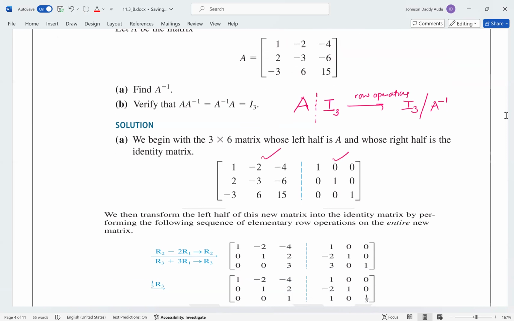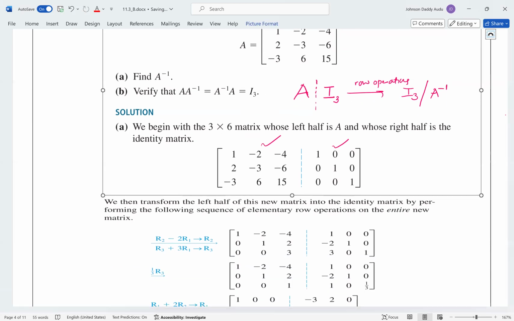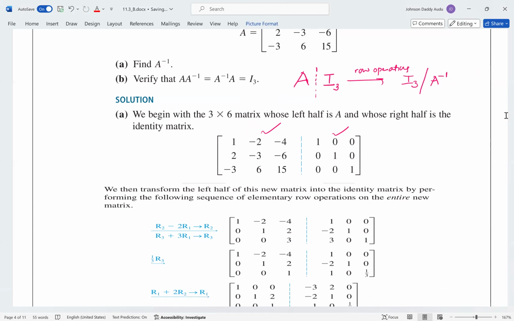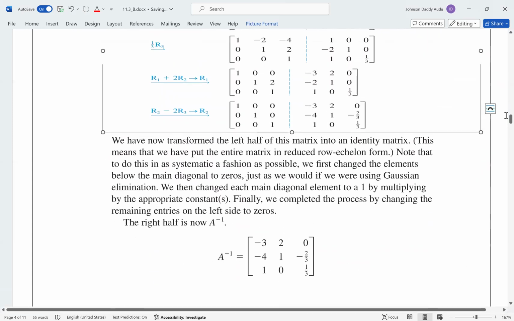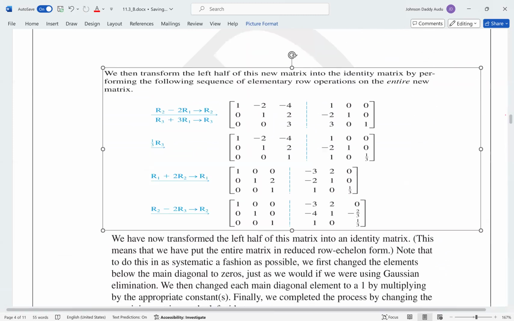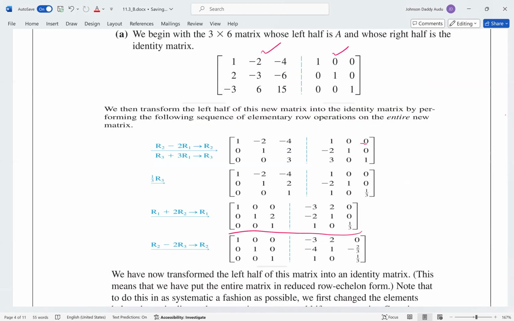So as you can see in this example, this is the matrix. You augment it with 1, 0, 0, which is I3. Then we use row operations. So at the end of it all, after using the row operations, we arrive at this one here.